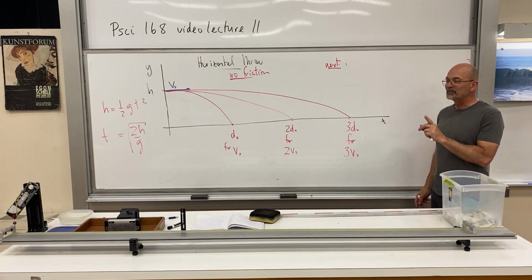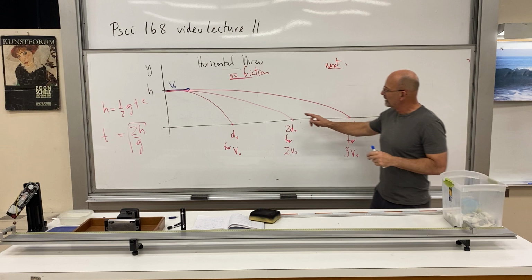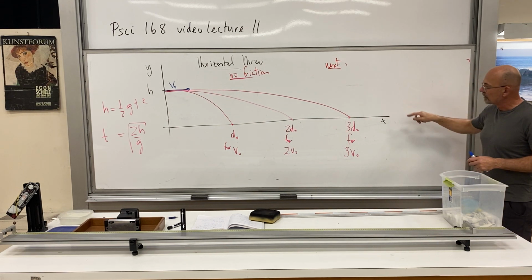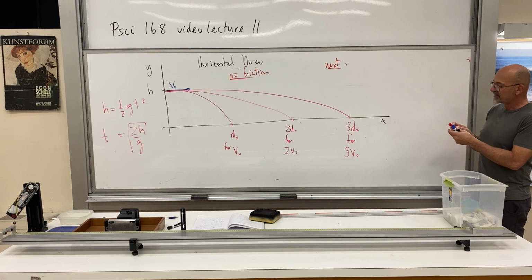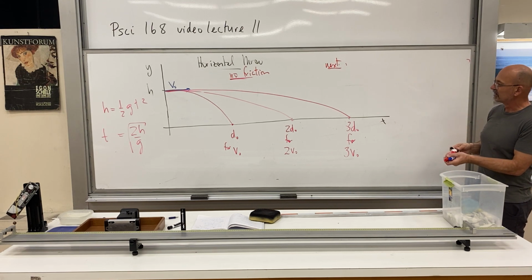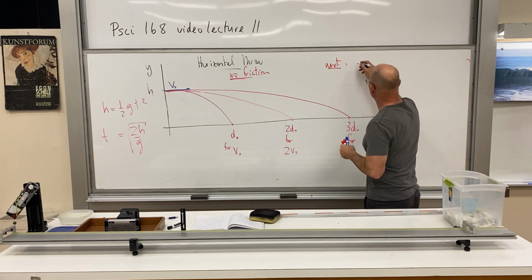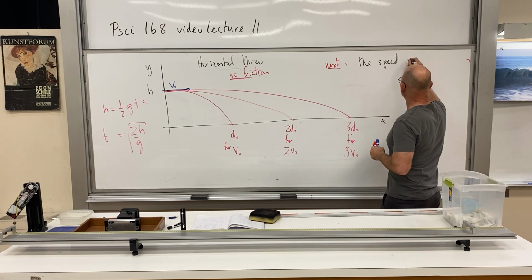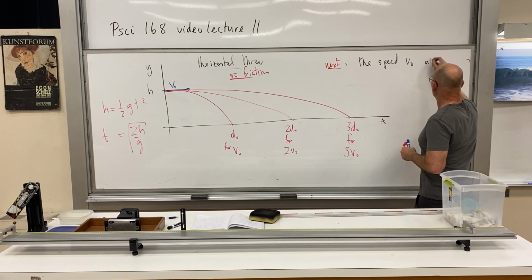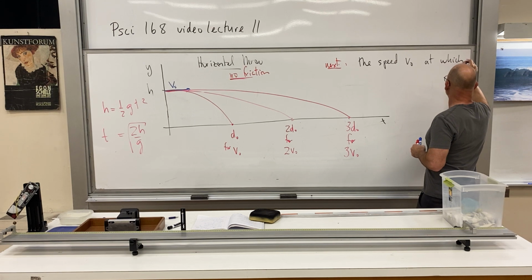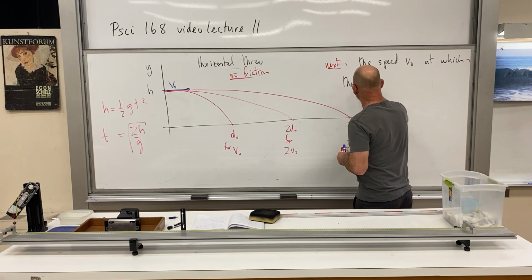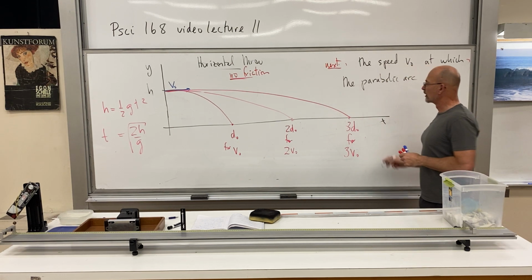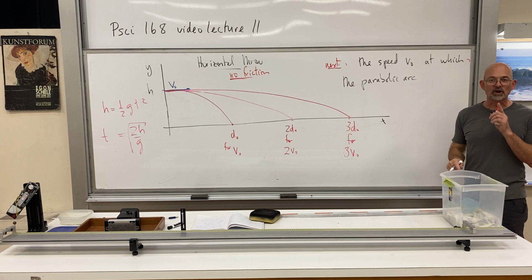Now there's a special speed in which the curvature of our arc here matches the curvature of Earth. I think I'll do this in black. Text: the speed v0 at which the parabolic arc matches the curvature of Earth.